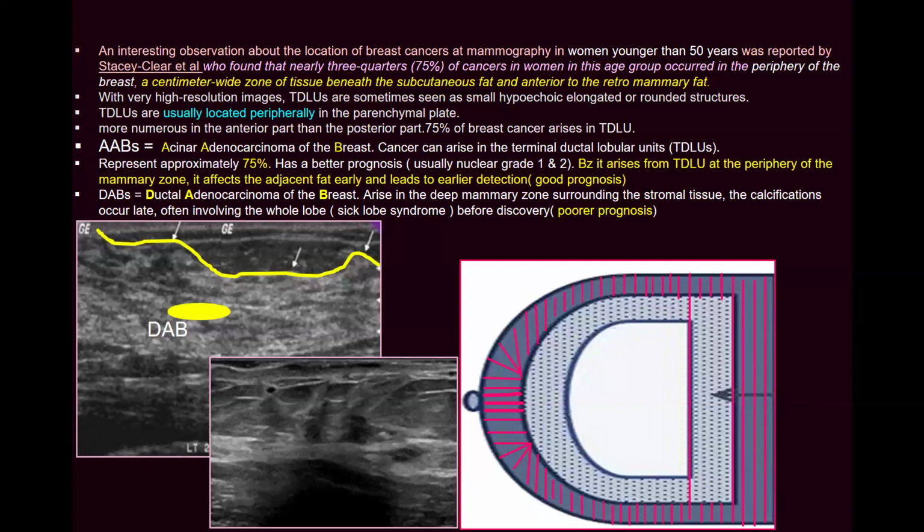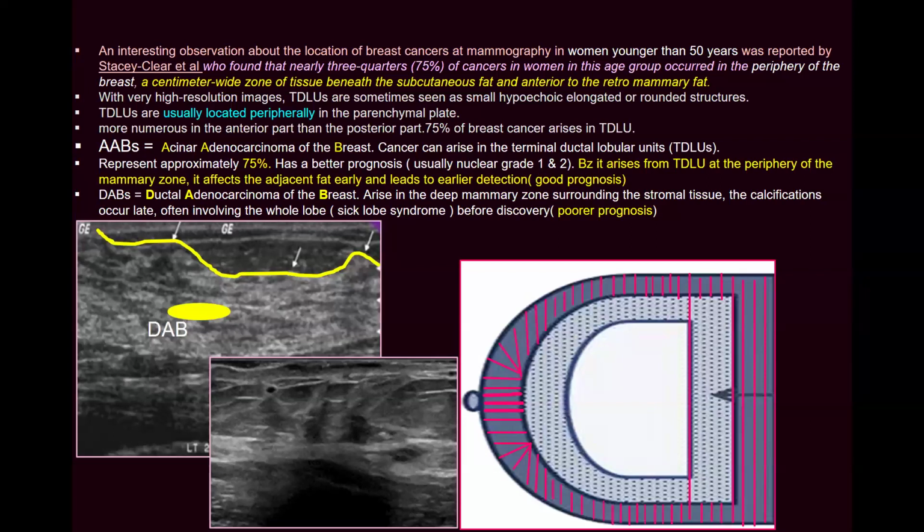Okay, we mentioned in the previous lecture that the new classification of breast cancer is AABs or DABs. And there is a third one, but let us concentrate on those two. The AABs is the acinar adenocarcinoma of the breast, which arises from the acini of the lobule. They found that this represents 75%, arising from the acini of the TDLUs.